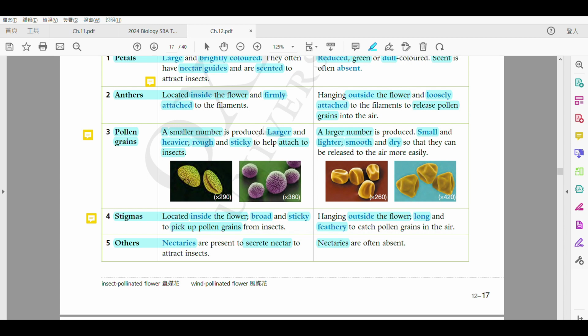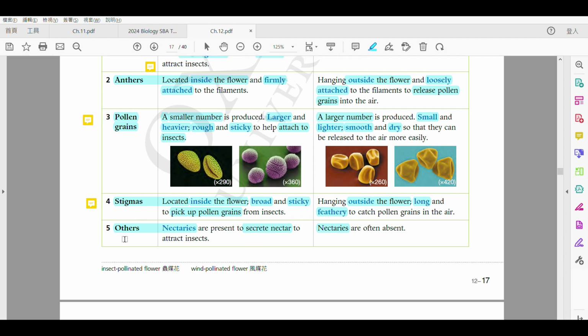You will notice the surface is rough and sticky. But when we look at the wind pollinated flower, usually a larger number, because most of them may not be able to reach the stigma. They are small and lighter, so it will be easier to be carried by the wind. It's written here. And they're usually smooth and dry. The last part is about the nectaries. This is very simple. If there is nectar, they will attract the insects. If there is no nectar, they will not attract the insects.